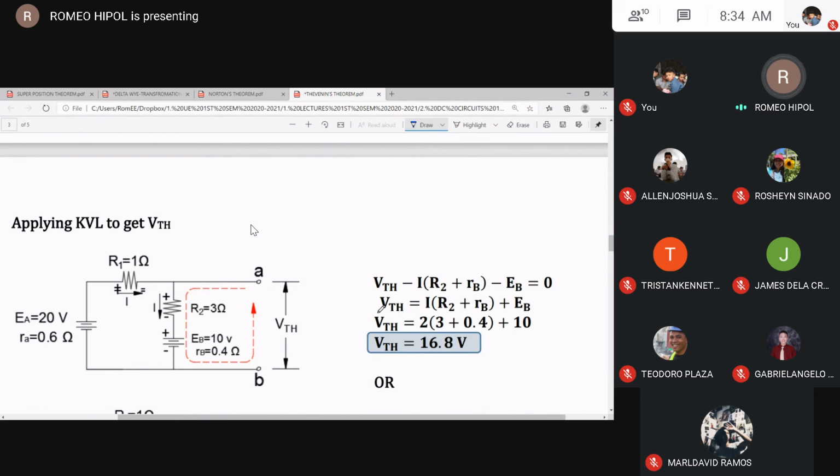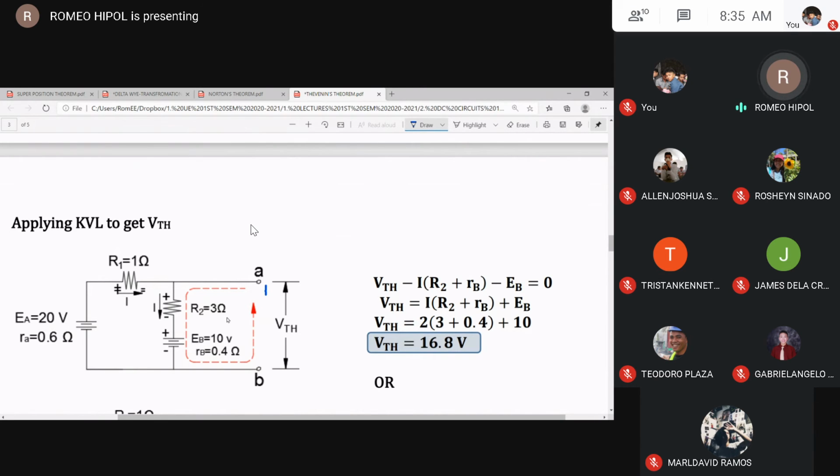So, from this circuit connection, we have now assigned a current direction, which is downward. Kasi pwede yan maging opposite kung larger ang voltage dito sa branch na to. Okay, with a certain value of I, which is 2 ampere, applying KVL. So initially, ano ba dapat polarity nitong VTH?